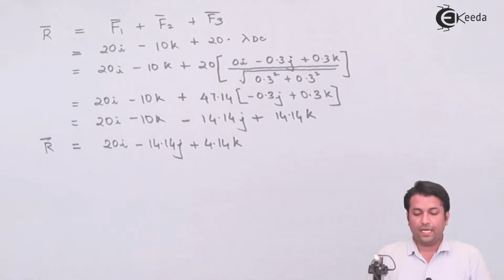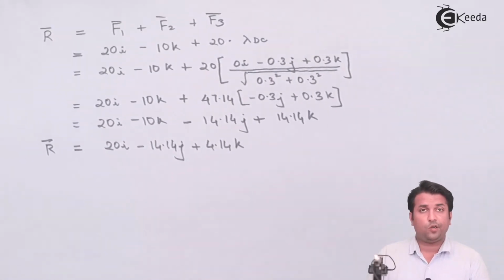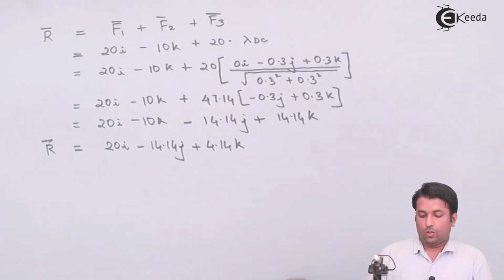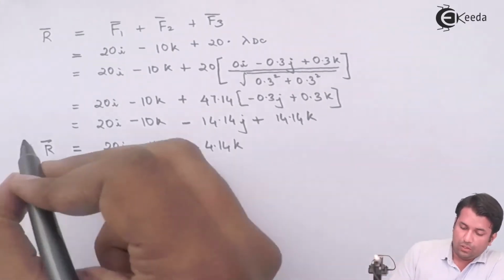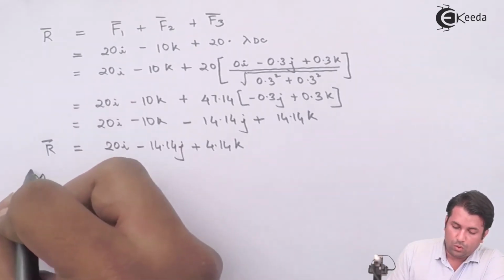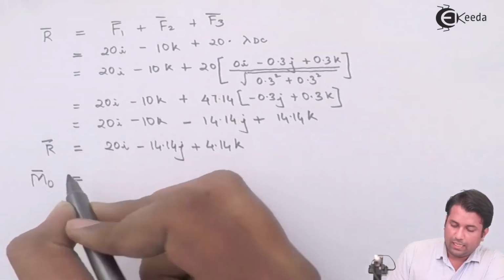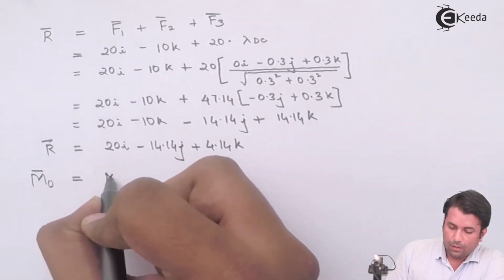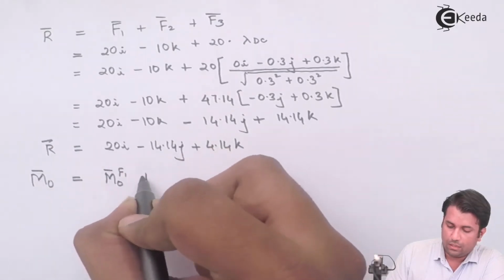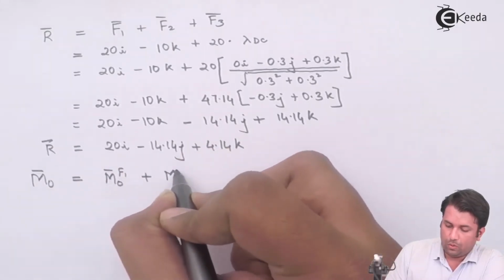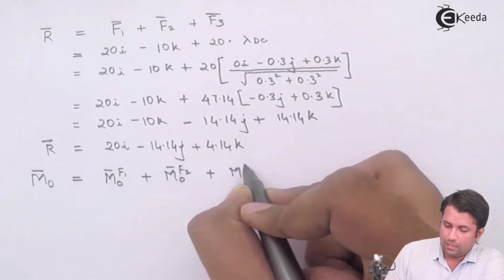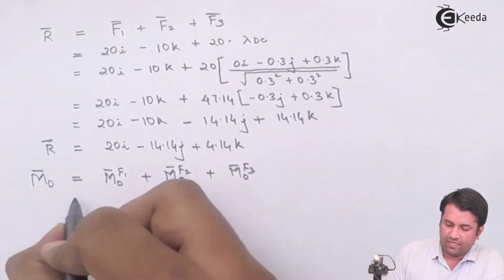The next step will be to find the moment of these three forces about origin. For that, we need to find the net moment about O, which is a moment vector, and that will be the moment about O for force F1 plus the moment about O for force F2, and similarly for force F3.